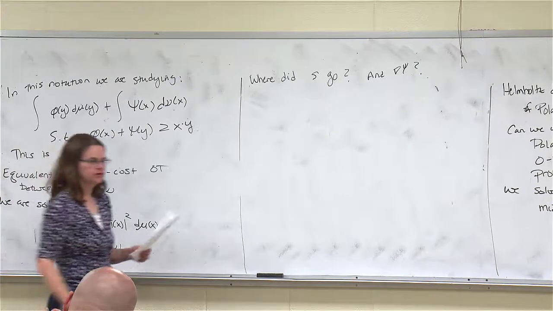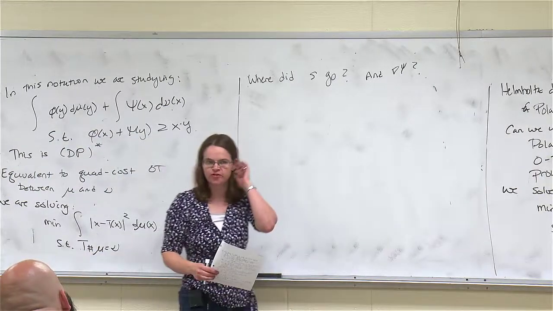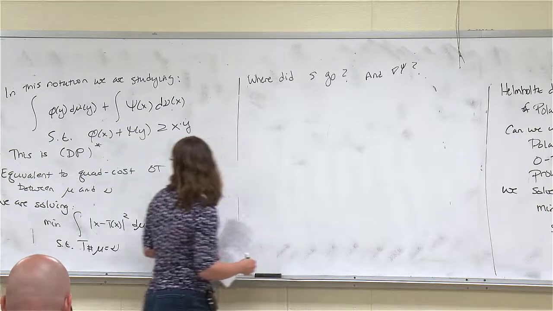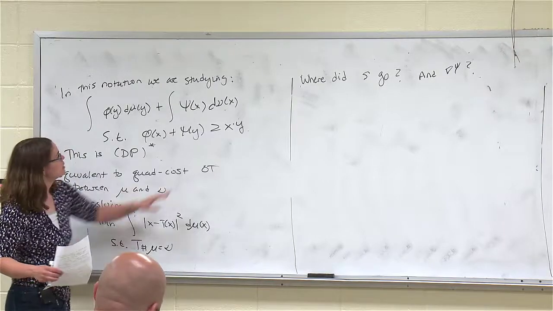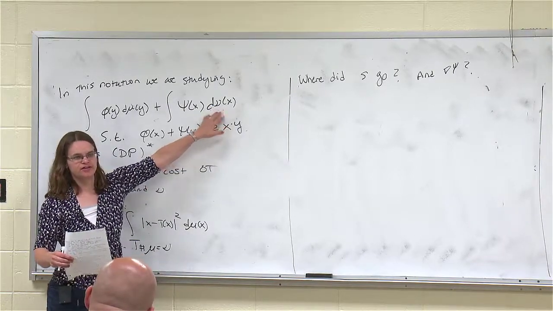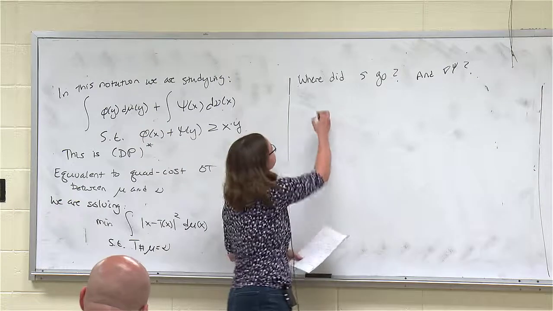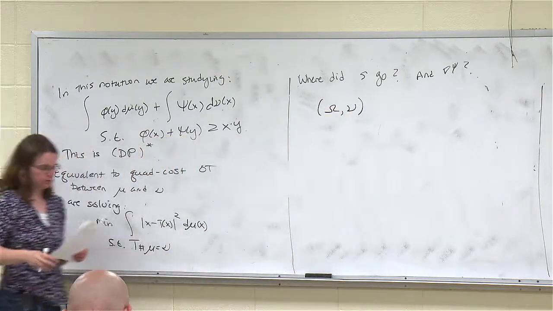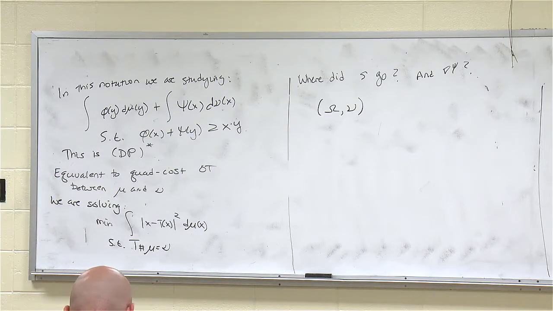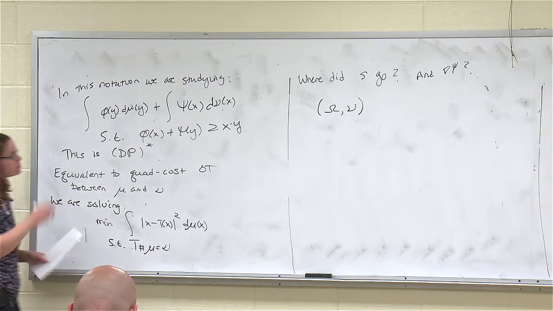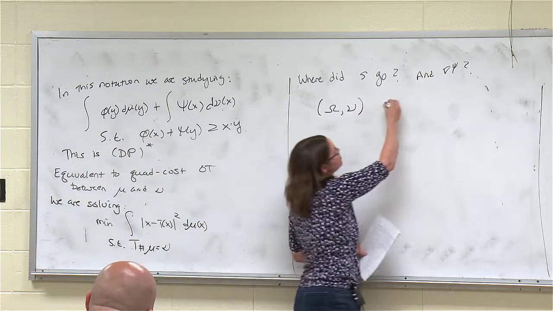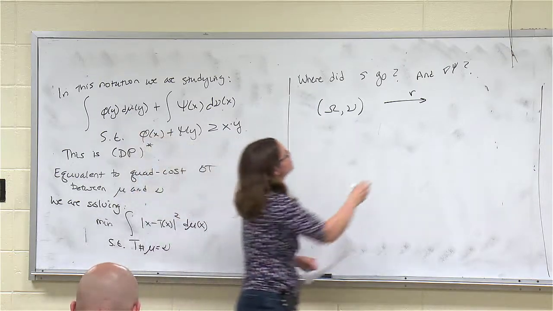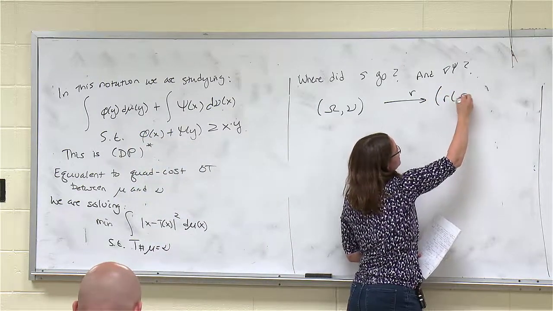All right, so let's just draw a little picture here and try to figure out where everybody's going. So we have this measure. This measure is easier to deal with because it's the Lebesgue measure. And this is where we started. We started on our set omega with the Lebesgue measure, which I've given the name nu in this problem. And we were given some kind of mapping R. It takes omega and maps it to whatever.